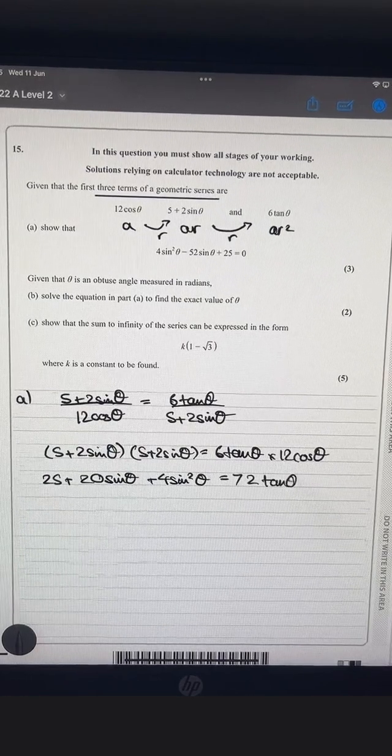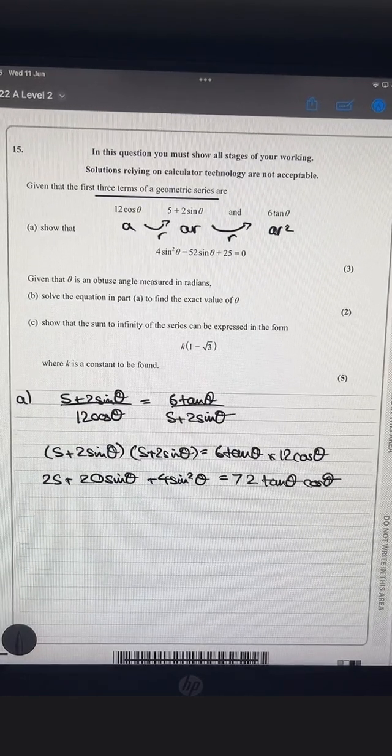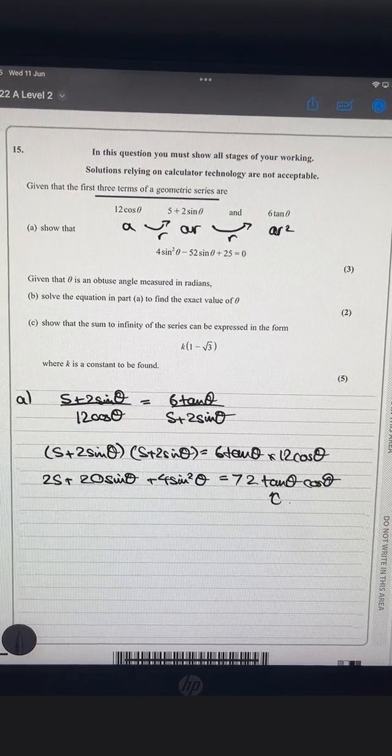Okay, so now I'm going to look back at the question and see what it wants me to show. It wants me to show it in terms of sine theta, okay? So I've got sines on the left side. I need to convert this into sine. Well, that should not be too difficult, right? Because we know that tan theta is equal to sine theta over cos theta, and I'm multiplying that by cos theta.